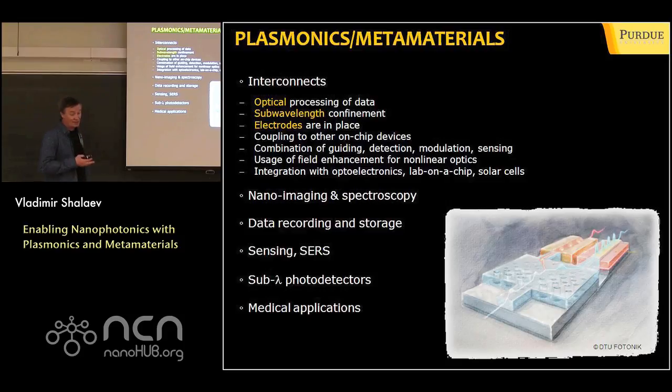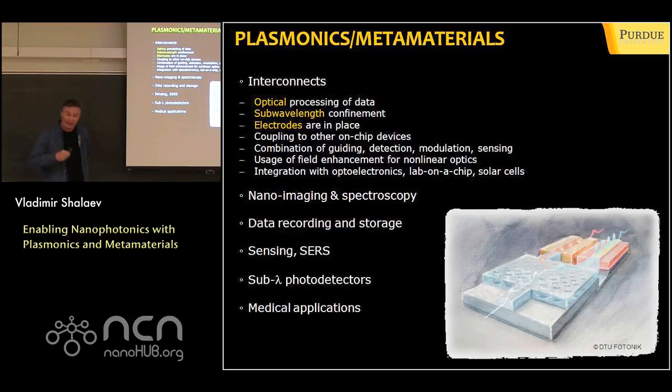And the thing is that in any electronic circuitry, the electrodes are already there, they are metallic, as well as conductors. And the point is that there are good conditions for hybridization. There are metallic parts which also could play a role of plasmonics. So plasmonics could be used for coupling on other on-chip devices by using this surface plasmon polariton.